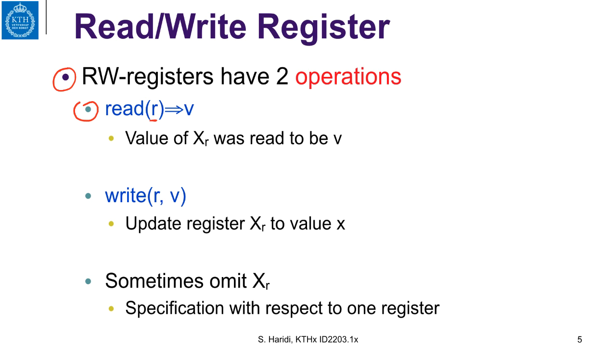This is the index of the register, R. So read R means the value of register XR was read, and it's read to be the value V. Write R V would mean it's a request to update register XR to the value V. Sometimes we are going to omit R or XR if we are just talking about a single register. It means that we are doing a specification with respect to one register.